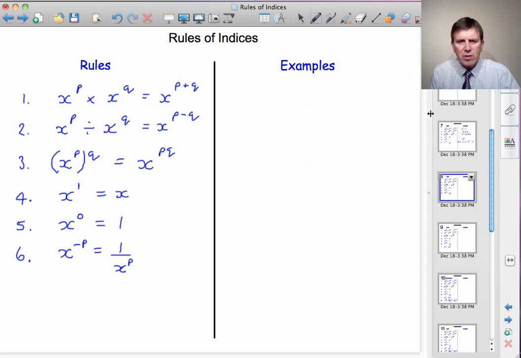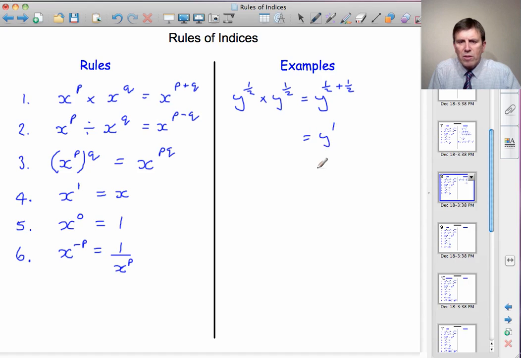To deduce our seventh rule of indices, we'll consider y to the power a half multiplied by y to the power a half. Now, to be consistent with our first rule, that has to be y to the half plus a half. But that means it's y to the 1.